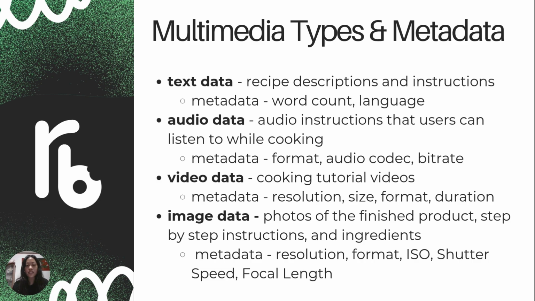So for the text data, the metadata would be the word count or the language that was used. For the audio, the metadata is the format, the audio codec, the bitrate, like the hertz, etc. For the video, it's the resolution, the frames per second, the size, the format, the duration, and for the image, the resolution, format, like ISO, shutter speed, focal length, etc.